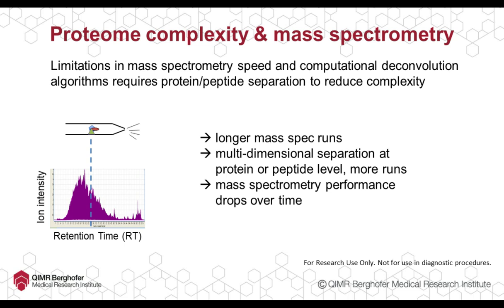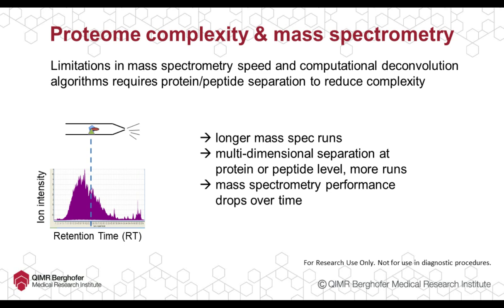And this can be achieved in several different ways and has been achieved in proteomics research by using longer mass spectrometry runs in terms of the LC separation. You can use a multidimensional separation either at the protein or peptide level. This then leads to more different mass spectrometry runs, so again, that increases mass spec runtime. So you can see both these options increase mass spec time, and quite often the use of mass spec time causes cost for your project. So sometimes this may not be possible depending on the budget for the research project.